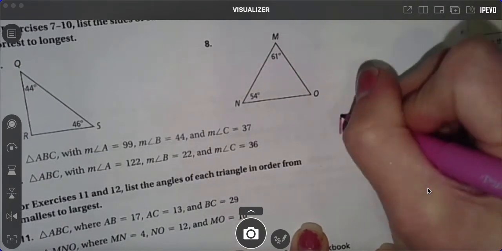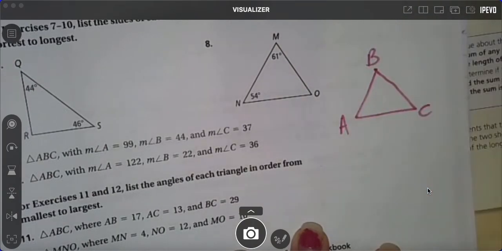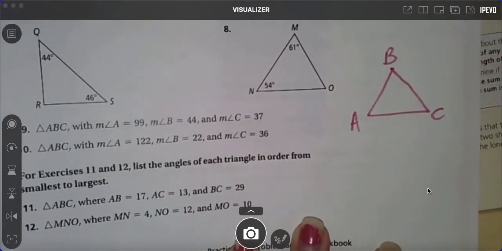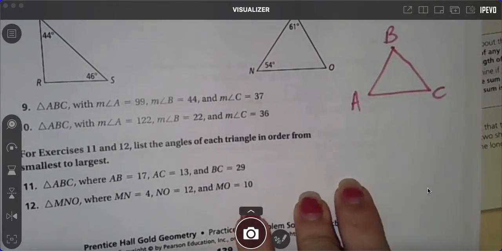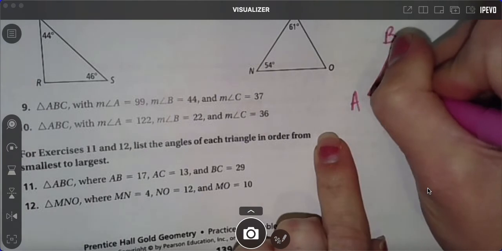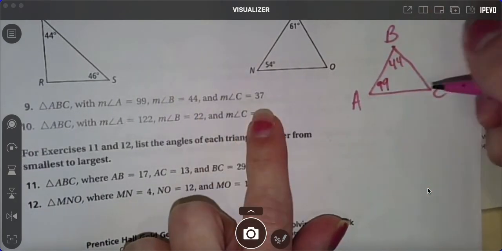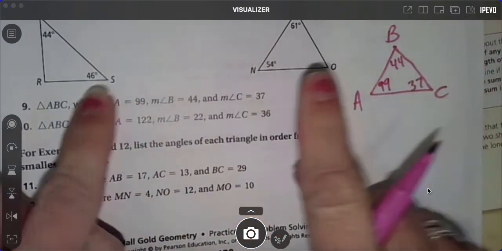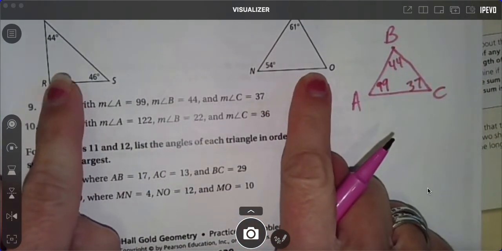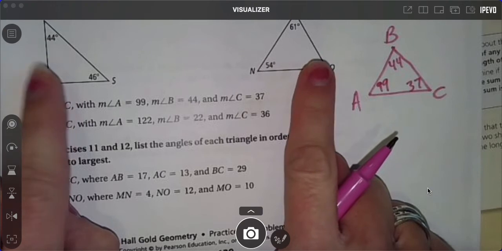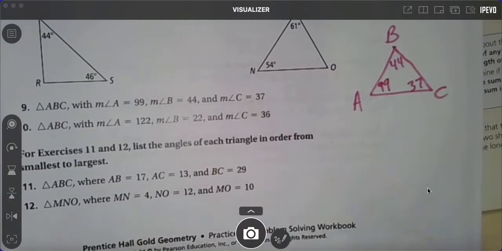So I have a triangle A and B and C. Doesn't matter where you write your letters, okay? Angle A is 99. Angle B is 44. What's nice is they give you all these, 37. On these two, what do you have to do? These two up here, you have to find the missing angle so that you'll know what order.